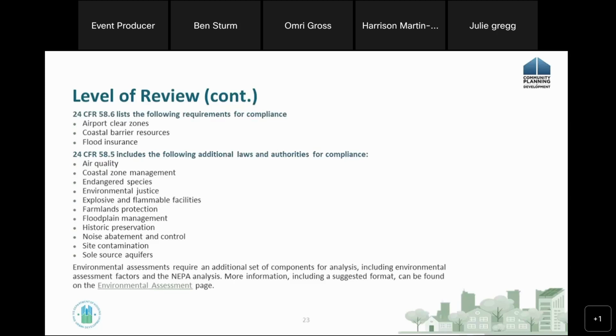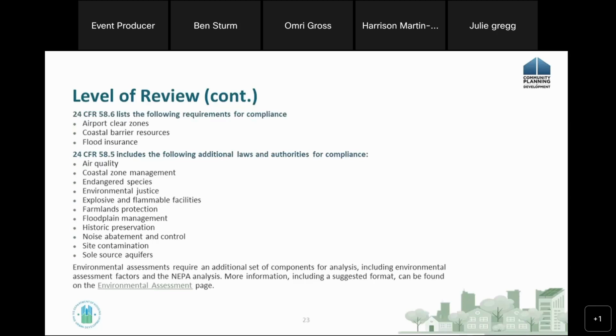It includes complying with several laws and executive orders such as the Endangered Species Act, National Historic Preservation Act, and Executive Order 11990 on wetlands, just to name a few. Environmental assessments require additional analysis under NEPA, such as determining the cumulative impact the project has on the environment and vice versa, as well as evaluation of alternatives.